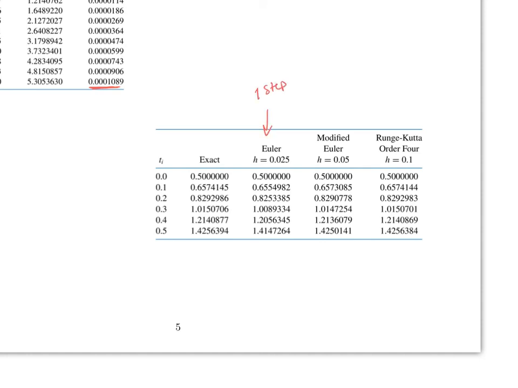So if we're going to say that the Runge Kutta of order 4 is better than Euler's, then this method should be more accurate with 1/4 the step size of Euler, because this one requires 4 times the work. As you can see, this is still more precise compared to the exact solution.